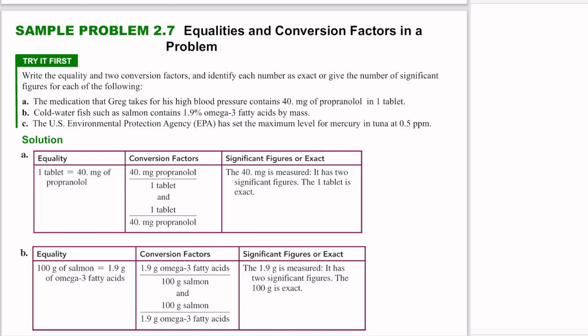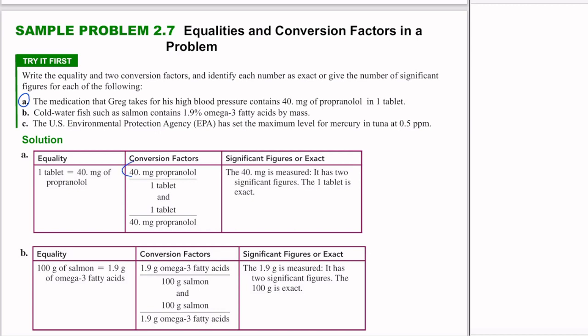Write the following equalities and conversion factors and identify each number as exact or give the number of significant figures. A says, a medication that Greg takes for his high blood pressure contains 40 milligrams of propanolol in one tablet. Let's make a conversion factor out of that.